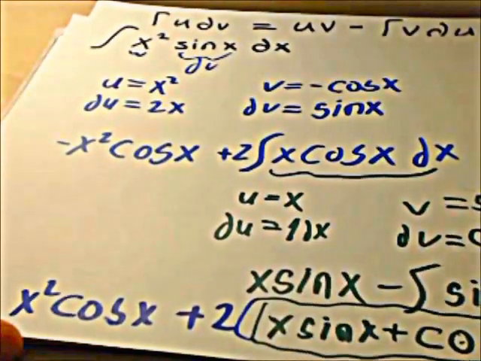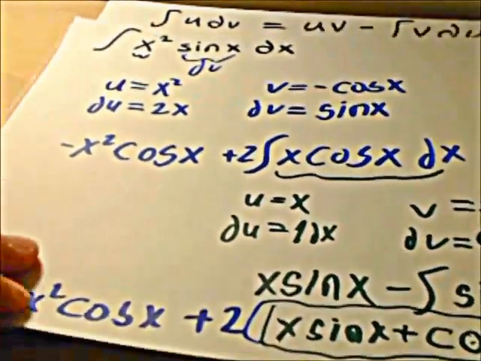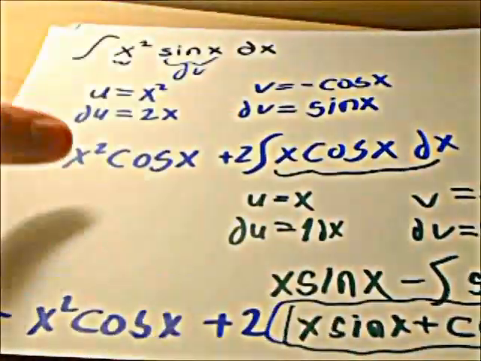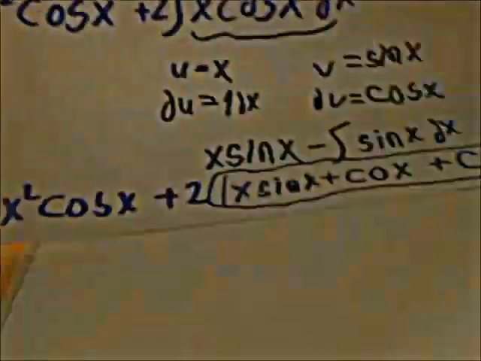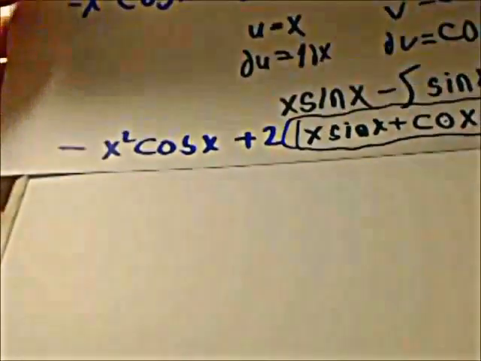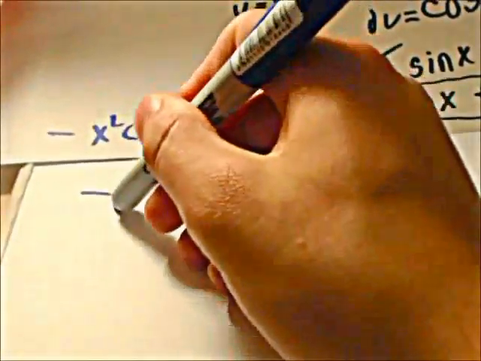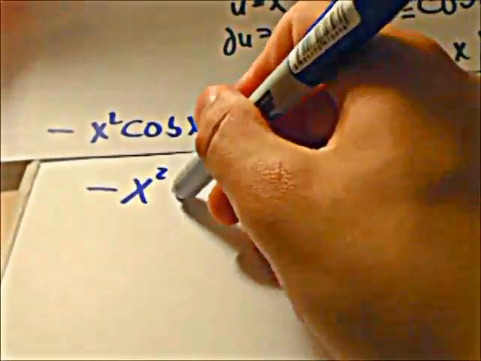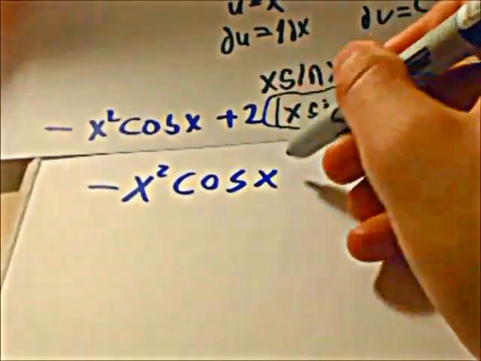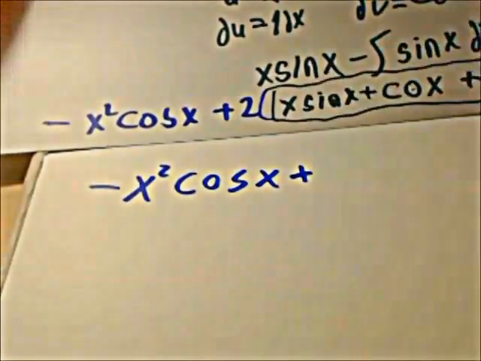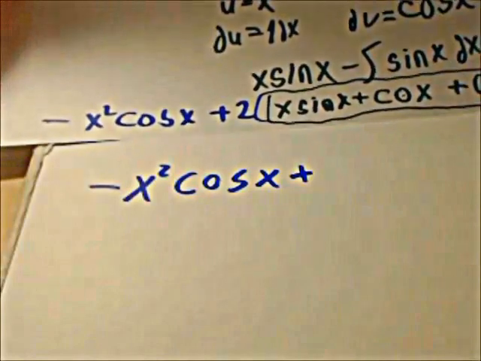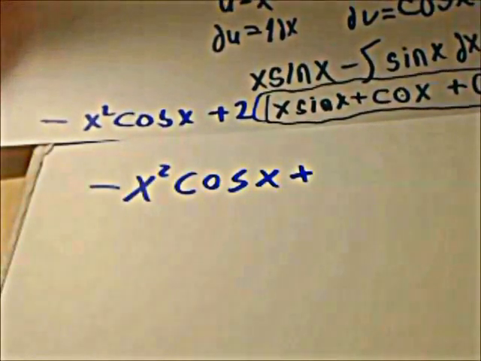then times this, right? So let me just do it on plain paper. Again, what I'm doing is just rearranging and simplifying it. Plus, well, 2 is multiplied by this, so we can just distribute 2 inside the bracket.